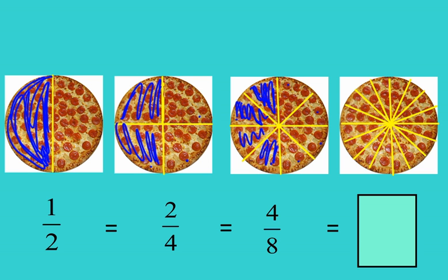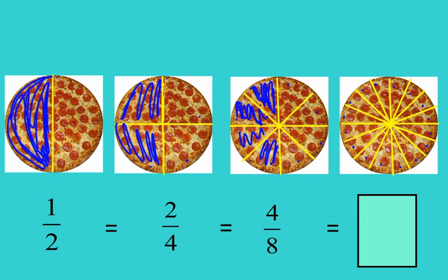And then with the last pizza, if I cut it into even smaller pieces, I could still eat the same amount. Let's see, I have 16 equal pieces that my whole has been cut into.